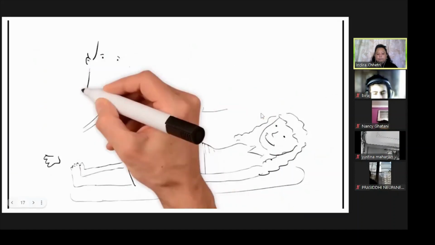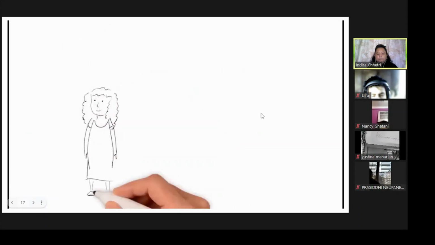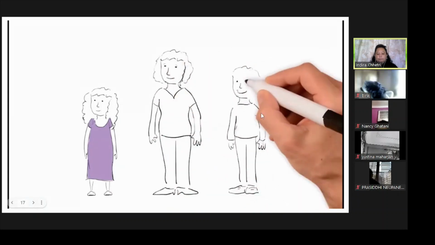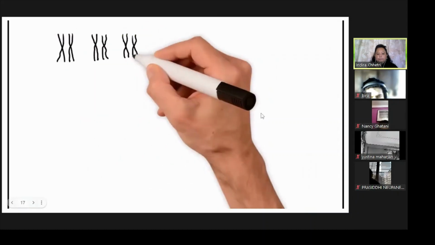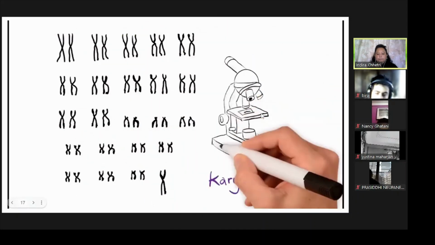Sometimes these features can be picked up on a pregnancy scan, but Turner syndrome is usually diagnosed after birth. In fact, diagnosis can happen at any age, and because the main features only occur at puberty, some girls aren't diagnosed until they become teens. The test for Turner syndrome involves analyzing the chromosomes from a blood sample called karyotyping.